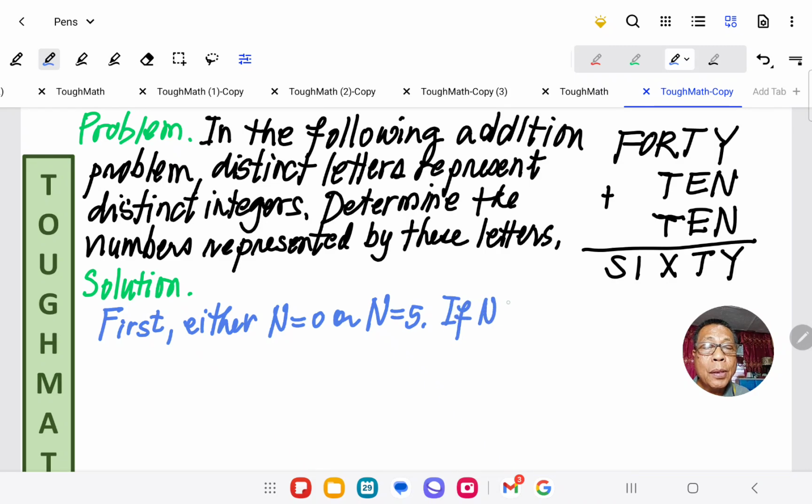But if N equals 0, then E must be 5, because in the second column, or the tens column, we have T plus E equals T again. So the sum E plus E must be either 0 or 10. But since at this point we are assuming that N equals 0, then E must be 5, because E and N must represent distinct numbers. Okay, so if N is 0, then E is 5.